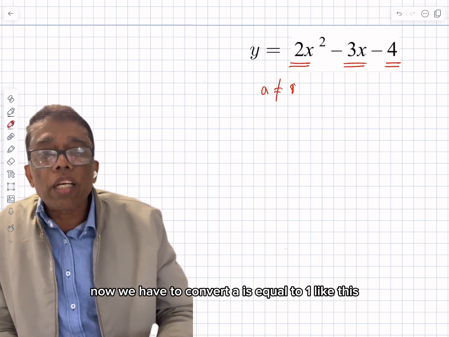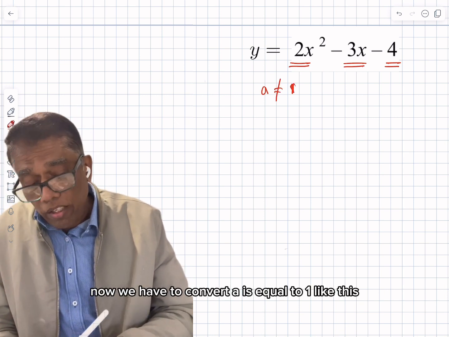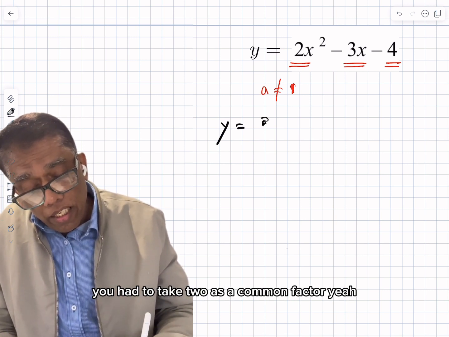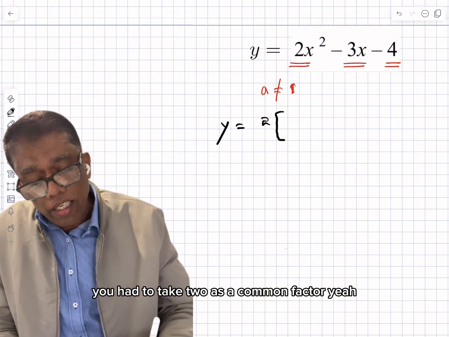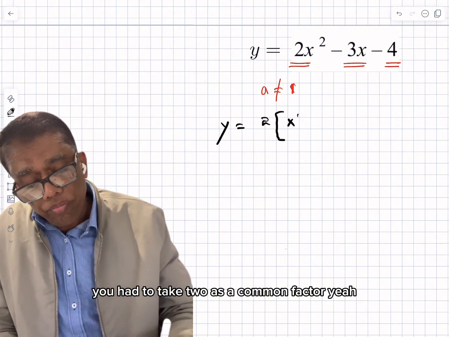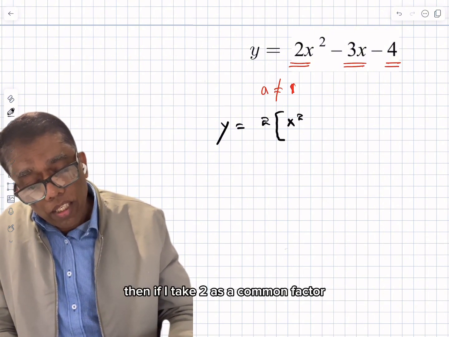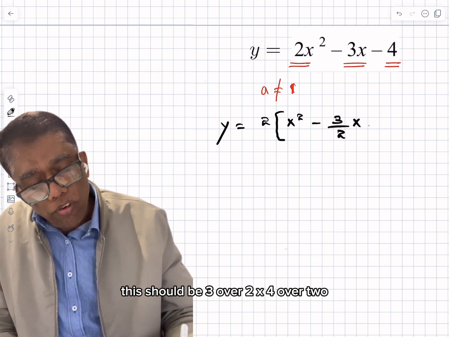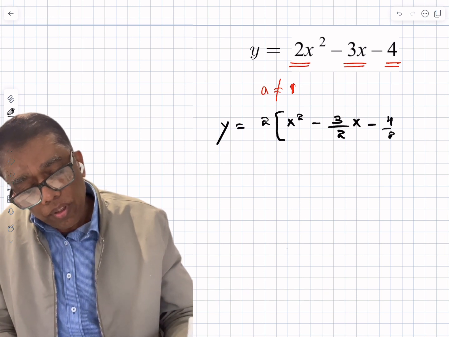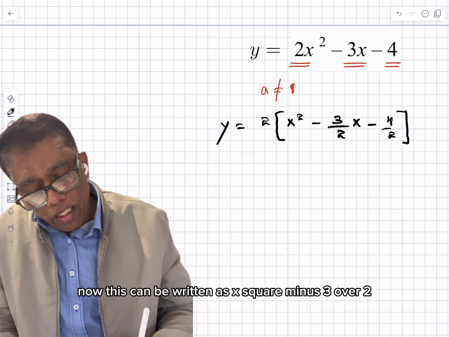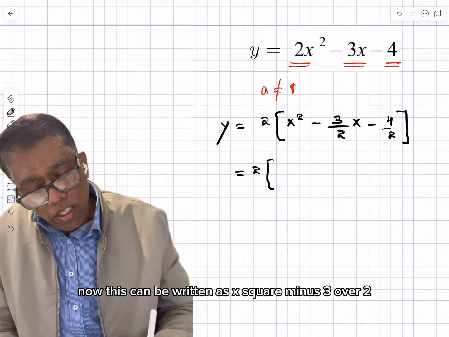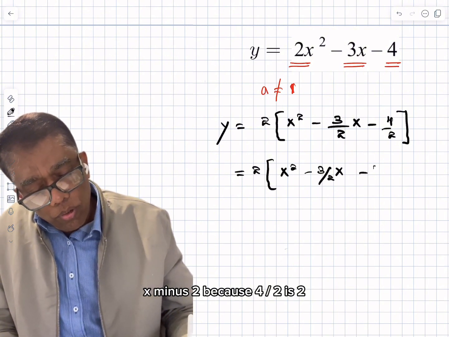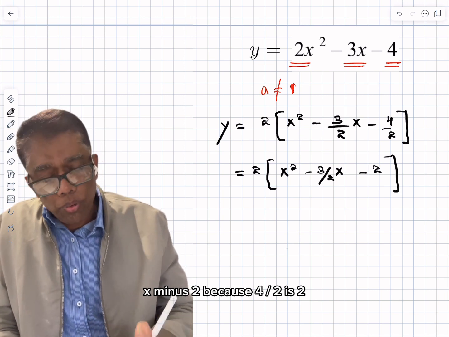Now we have to convert so that a is equal to 1. Like this, we have to take 2 as a common factor here. If I take 2 as a common factor, this should be 3 over 2 x, 4 over 2. Now this can be written as x square minus 3 over 2 x minus 2, because 4 divided by 2 is 2.